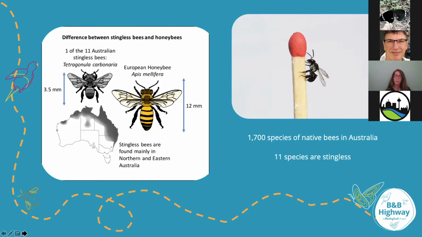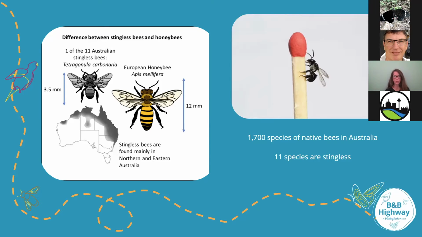When we look at this picture here, we can see lots of interesting information about the Tetragonula carbonaria. We can see there's a map of Australia there showing where they live around Australia. So we can see we're lucky enough here in Sydney that they are common here around particularly where I live, but also going up into the warmer regions of Australia.